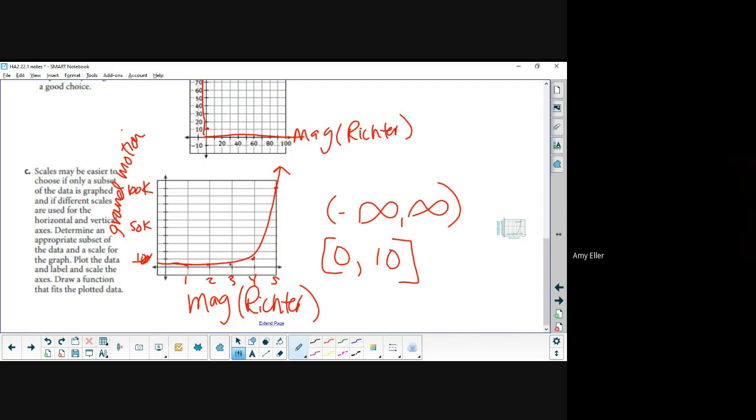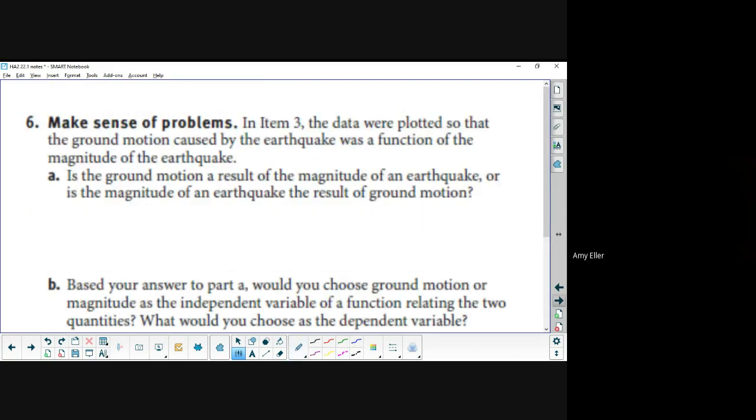Number 6, skipping down to 6. In item 3, which is all these graphs, the data were plotted so that the ground motion caused by the earthquake was a function of the magnitude. 6a, is the ground motion a result of the magnitude of the earthquake, or is the magnitude of the earthquake a result of the ground motion? You understand the question?